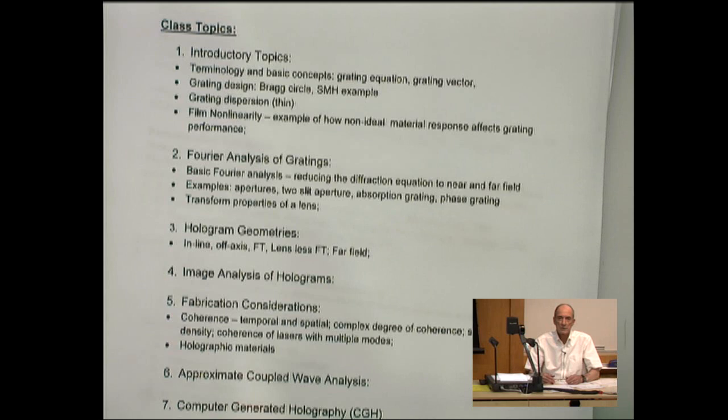So I wanted to have an introductory session to explain what some of these terms are, so that you're not lost from the beginning, and give some fundamental ideas, basic ideas and tools that you'll actually use throughout the class, such as the grating equation, the Bragg circle, k-vectors, and things like this, which are very useful in design analysis and useful in figuring out what's happening in a system.